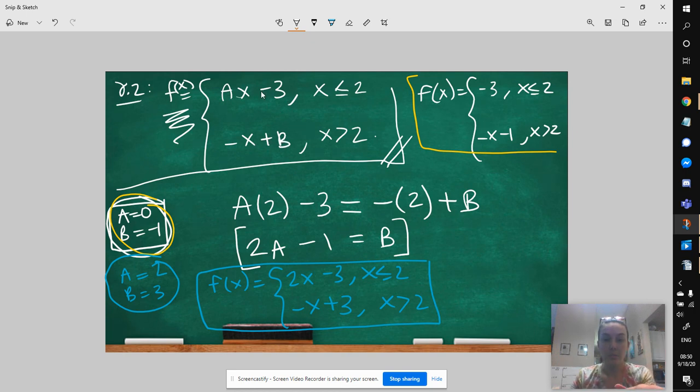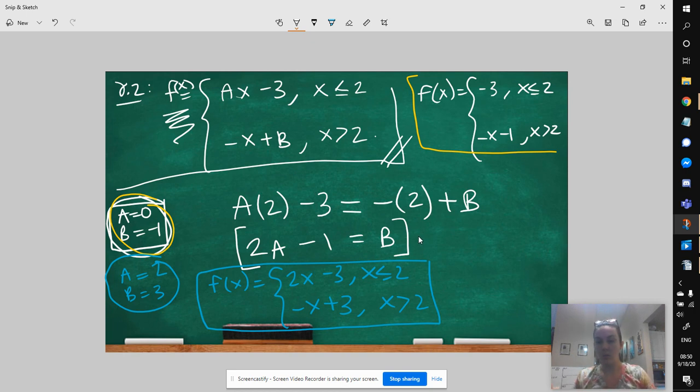So again, I've plugged in 2 to my first one, a times 2 minus 3, and I've set it equal to plugging in 2 for the second function, negative 2 plus b. All right, I'm going to solve for b because it's the easier one to solve for.